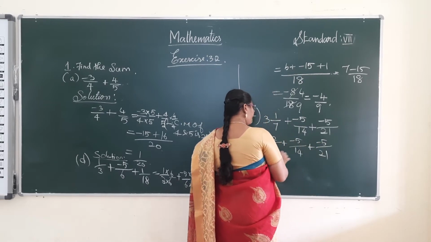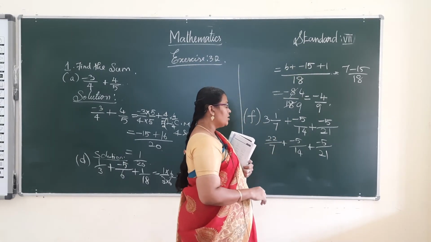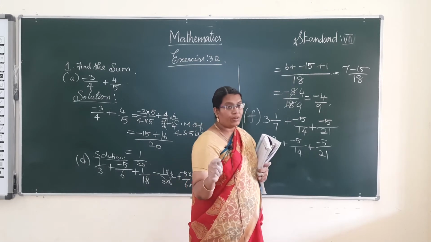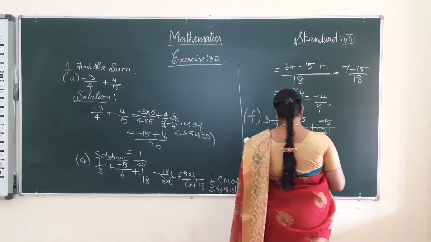Here the denominators are different, so in this case you should find out the LCM. What is the LCM of 7, 14 and 21?